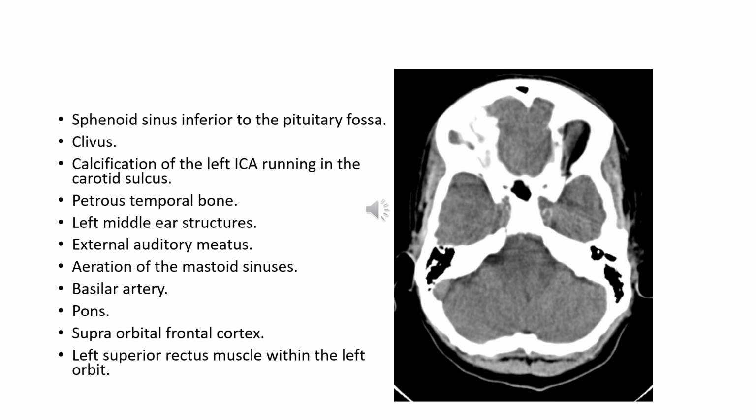The yellow oval shows the supraorbital frontal cortex on the floor of the anterior cranial fossa. And as we descend through the roof of the left orbit, we start to see part of the superior rectus muscle.